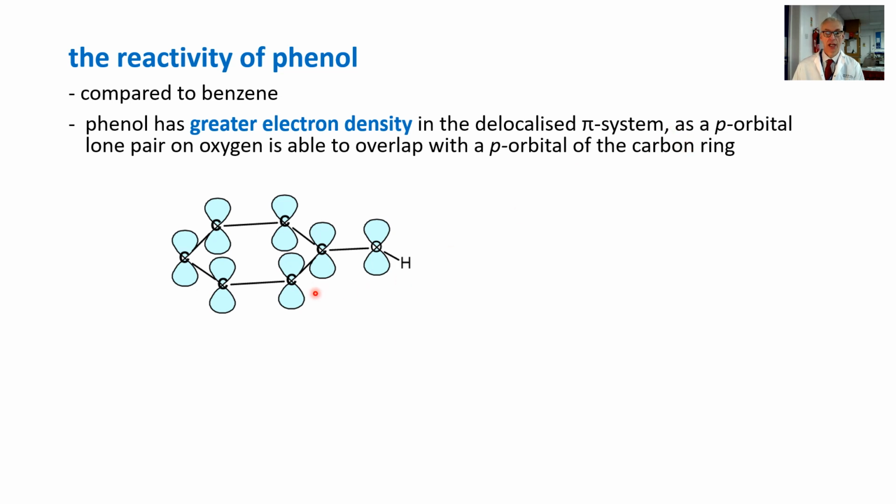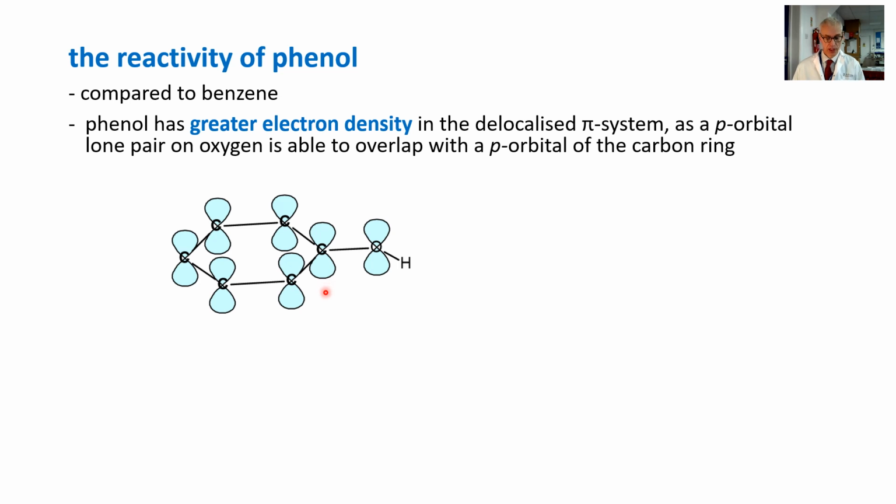Now, if we look at this diagram of phenol showing the p orbitals, we can see that there is a lone pair of electrons on oxygen in a p orbital. That bond is sufficiently short for overlap to occur between the p orbital of the oxygen and the p orbital of the adjacent carbon within the carbon ring.